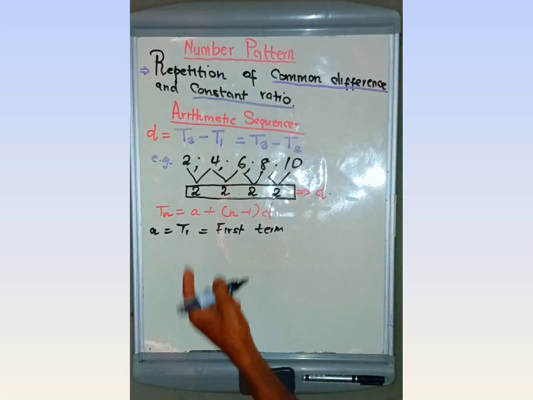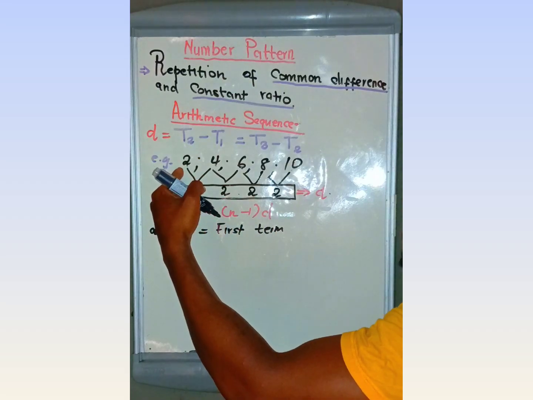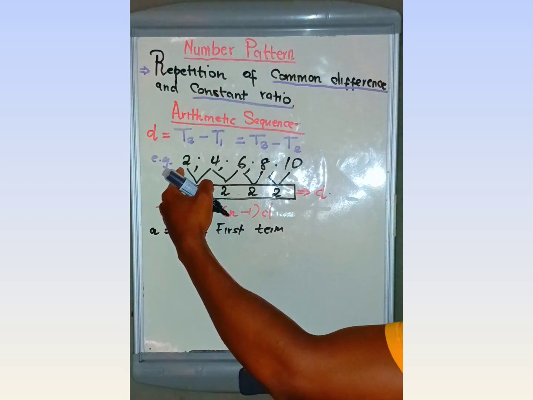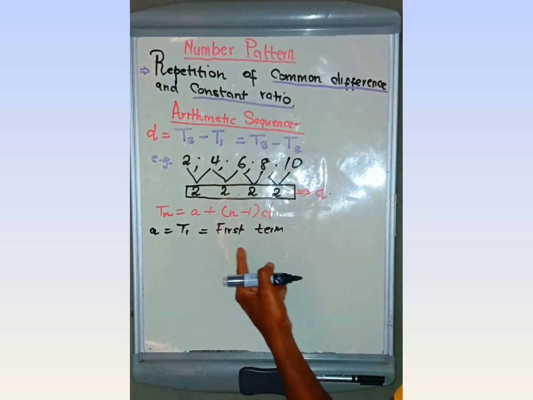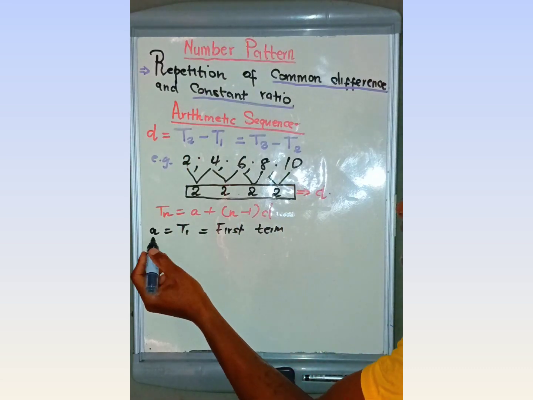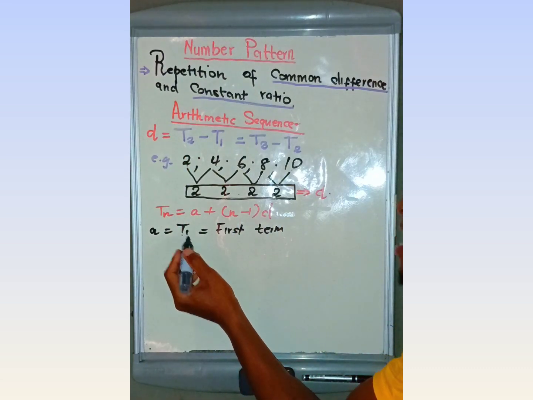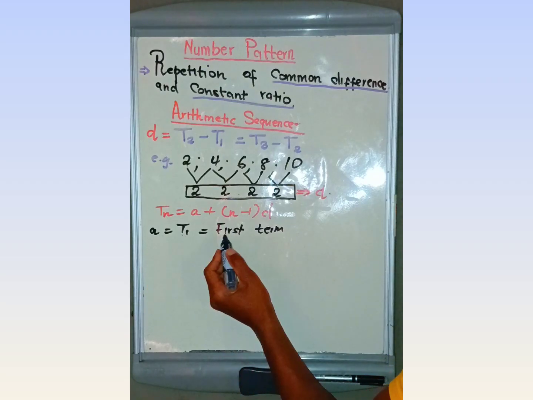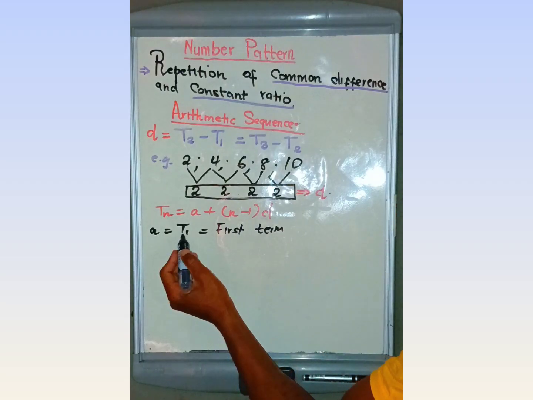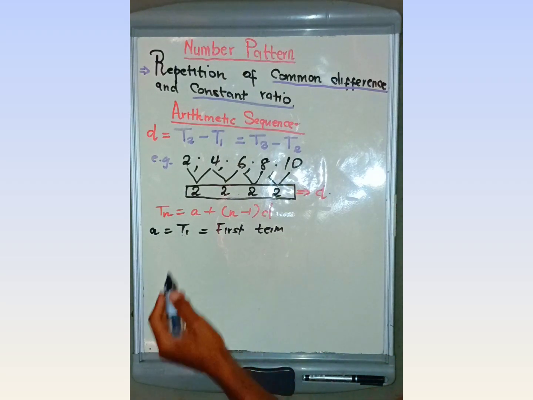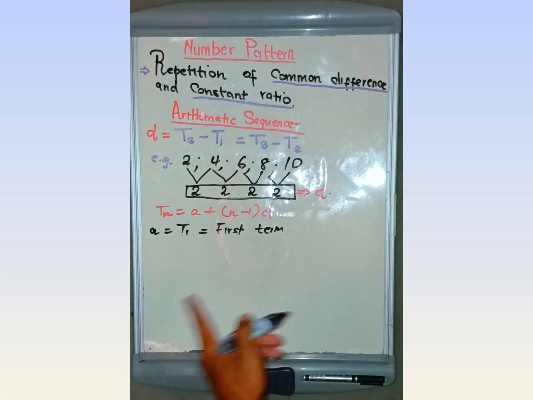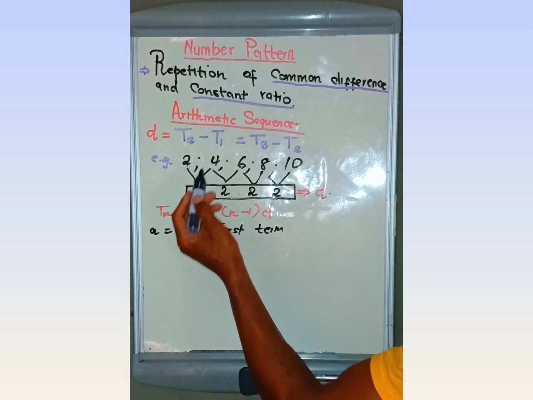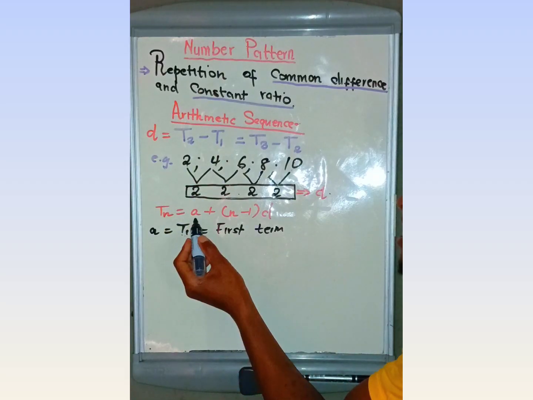The number that is at the first position is the value of a. A is always equal to T1. A can be negative, A can be positive. Any number on the first position, we call the value of a.